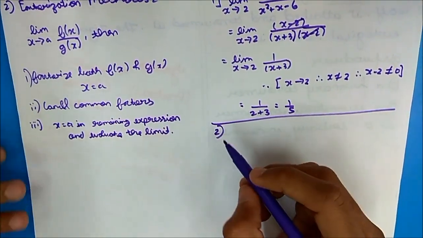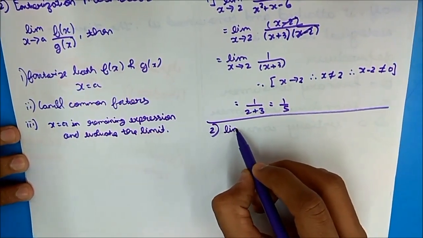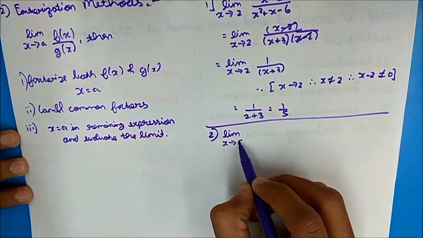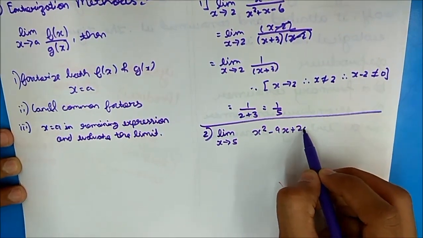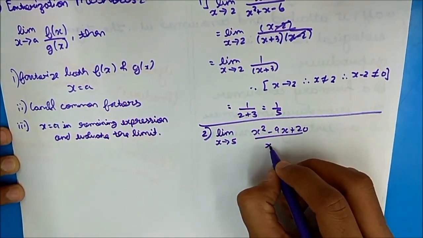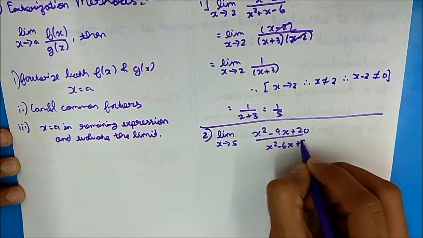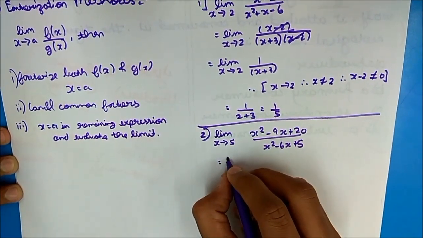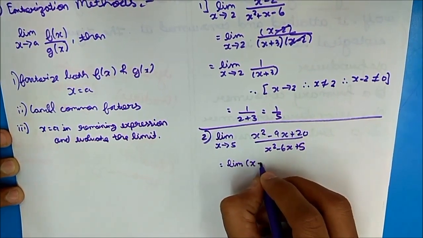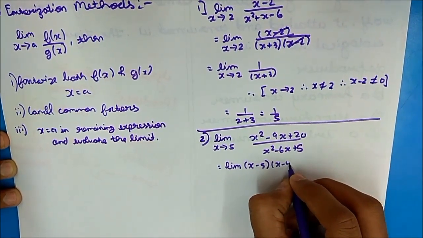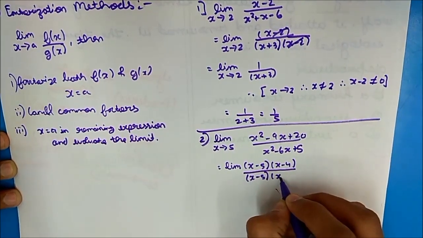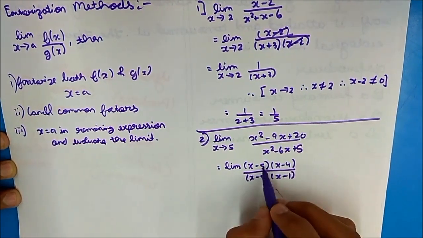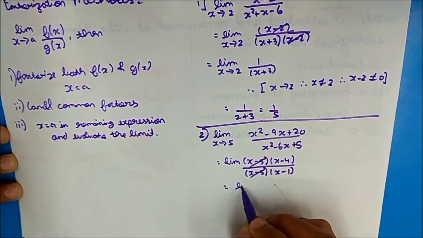The second sum, limit x tends to 5, x square minus 9x plus 20 upon x square minus 6x plus 5. So it would be limit x tends to 5, x minus 5 into x minus 4 upon x minus 5 into x minus 1. We cancel out the common terms.